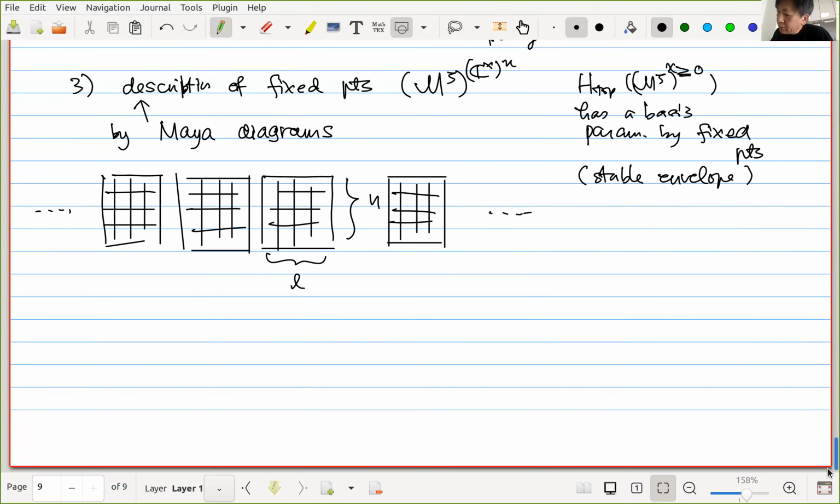I say that this representation is a semi-infinite product of C^L tensor C^n times the Laurent polynomials.